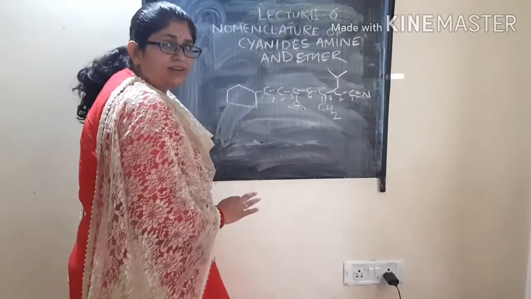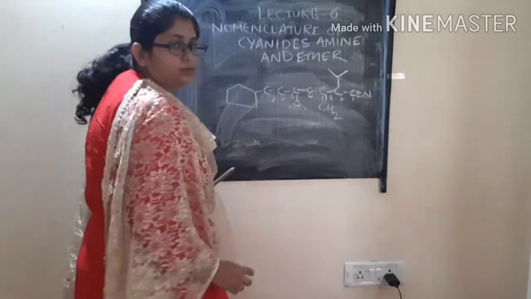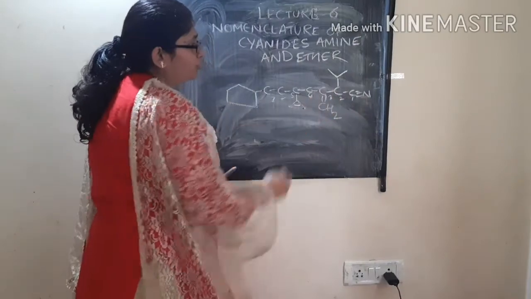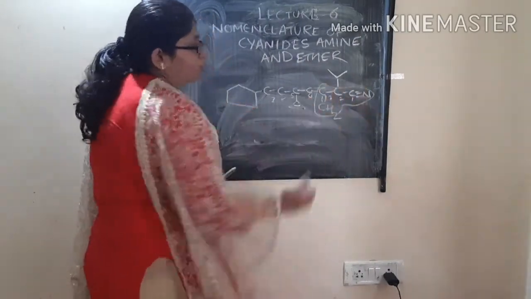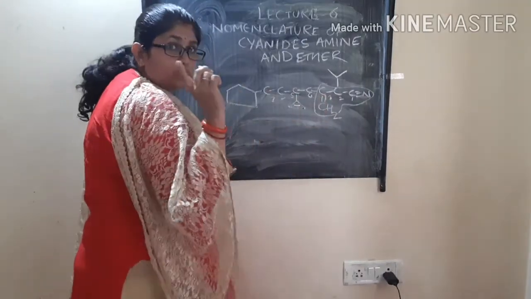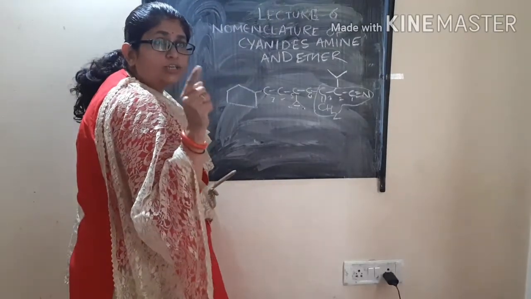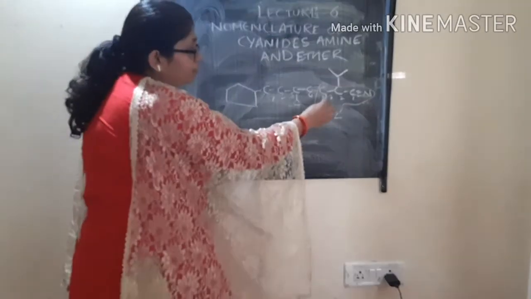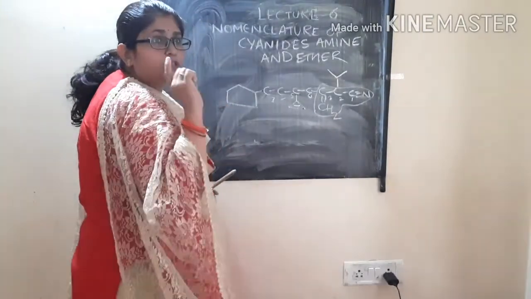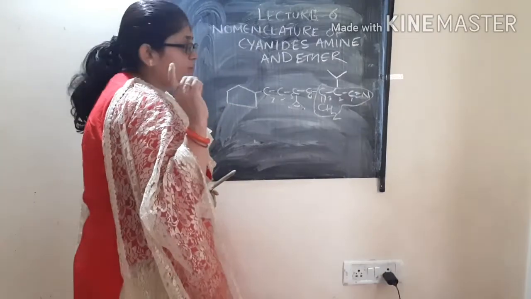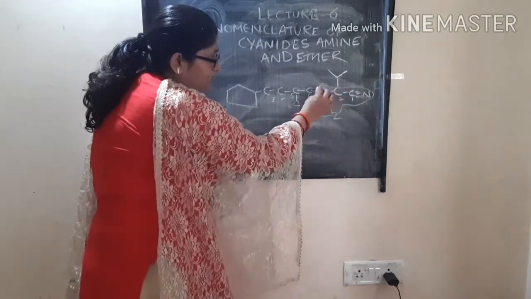You can take this chain or you can take this chain. 1, 2, 3, 4. 1, 2, 3, 4. So we will take this chain. Why will you take this chain? The rule says: take the longest chain with the maximum number of double or triple bonds. So here it is a triple bond and here it is a double bond. So we will take this.